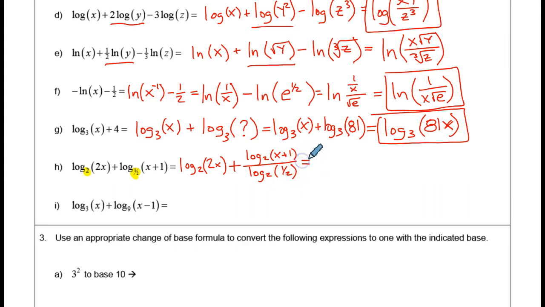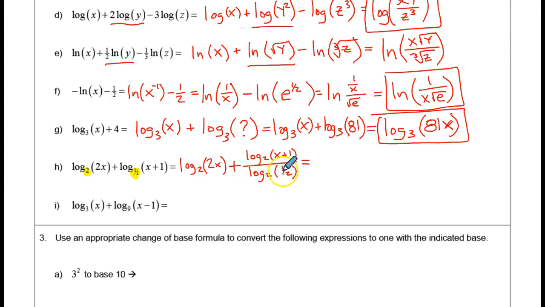Okay, so that's my change of base formula to change this expression, log base 1/2 of x plus 1, to log base 2. So now it's log base 2, but notice log base 2 of 1/2, there's no variables in there. That's just a constant. So we need to figure out what that is.